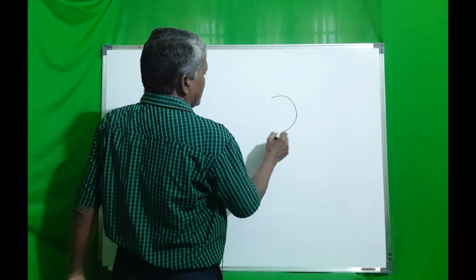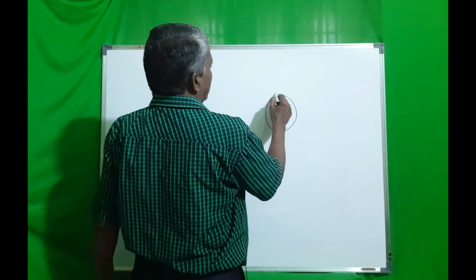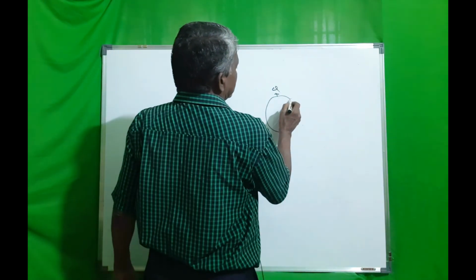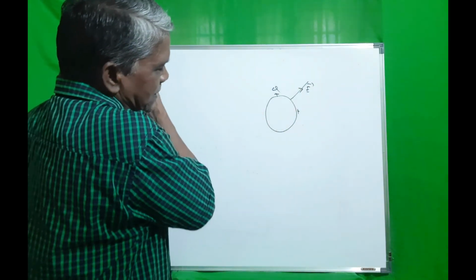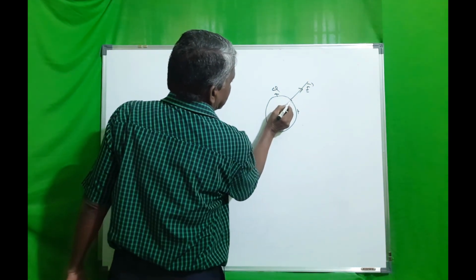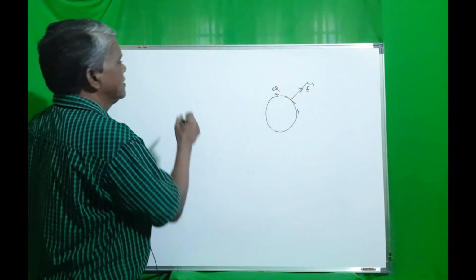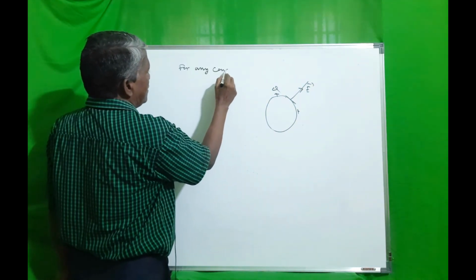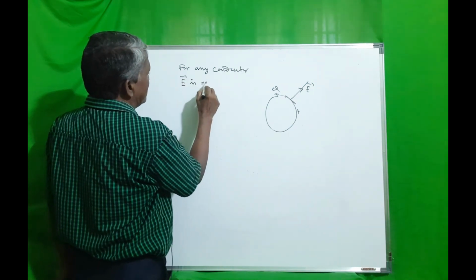For any charged conductor, plus or minus, the electric field is normal to the surface. The electric field vector is normal to the surface, and the equipotential surface is tangential to the surface. For any conductor, E is normal to the surface.